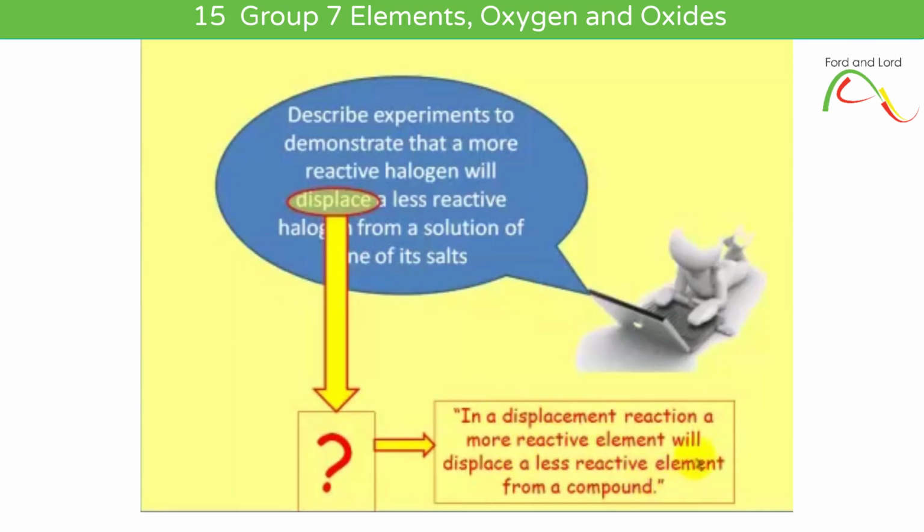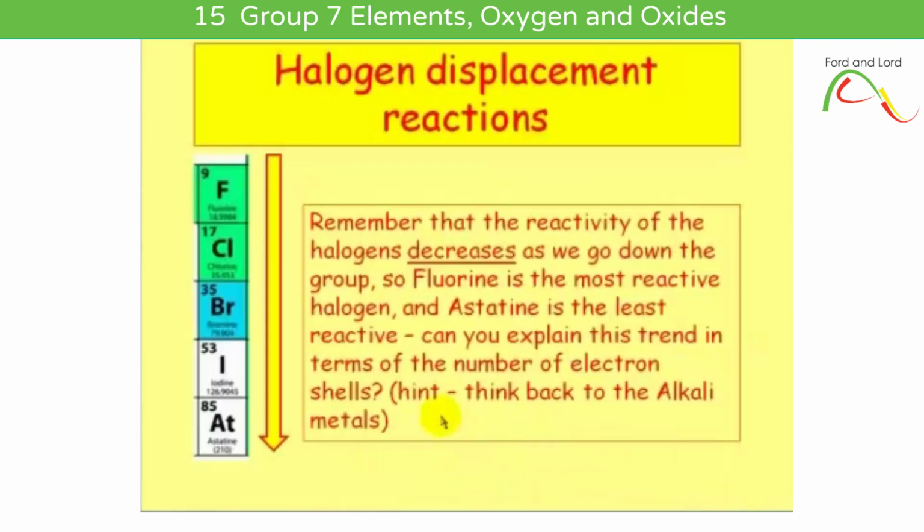Let's look at a few examples involving halogens. Remember that the reactivity of halogens decreases as you go down the group. So fluorine at the top here is the most reactive, and astatine down here the least reactive. Now think back to our work on alkali metals. Can you explain why there's this trend in terms of number of electron shells? Well, the key thing here, remember, is that the smaller the atom, the stronger the attraction of the outer electron.